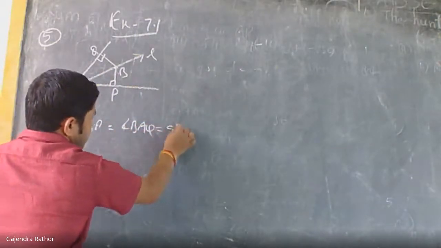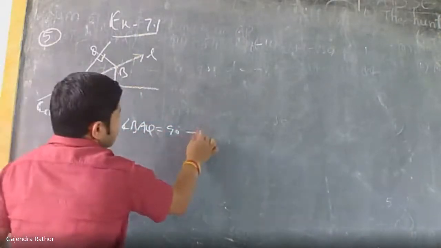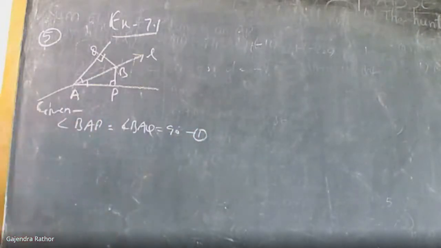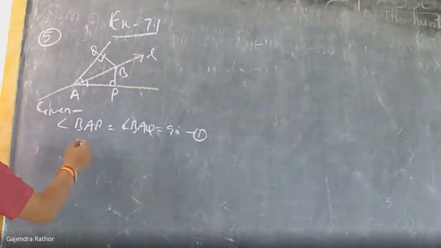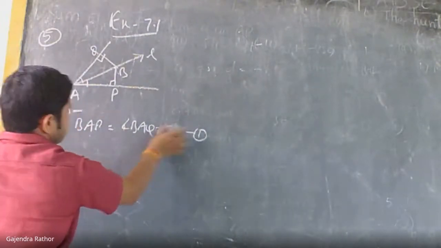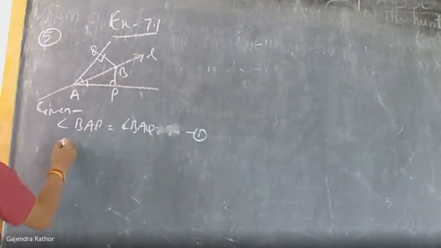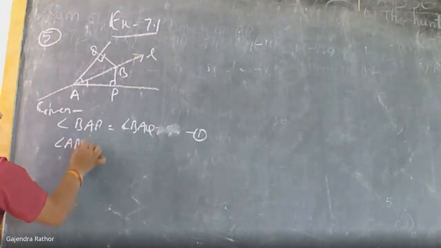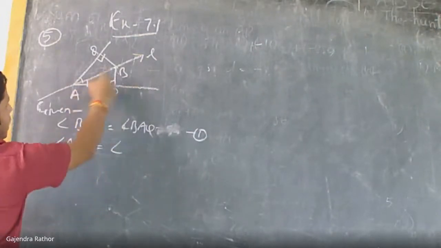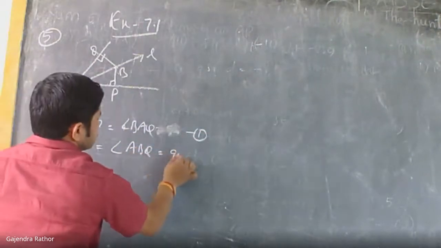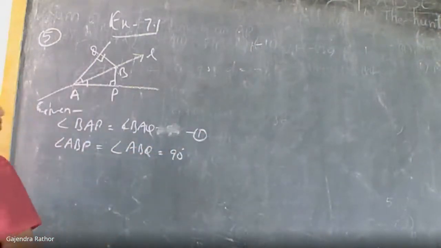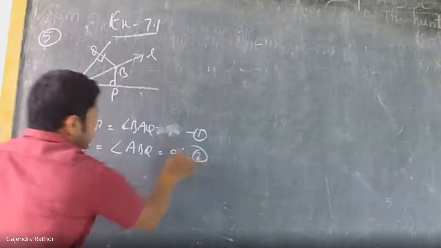Second, L is the bisector of angle A. Sorry, this is not 90. Angle ABP is equal to ABQ, is equal to 90 degrees because they are the perpendiculars. That is equation number 2.